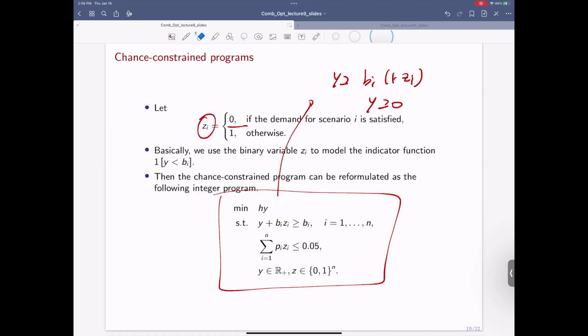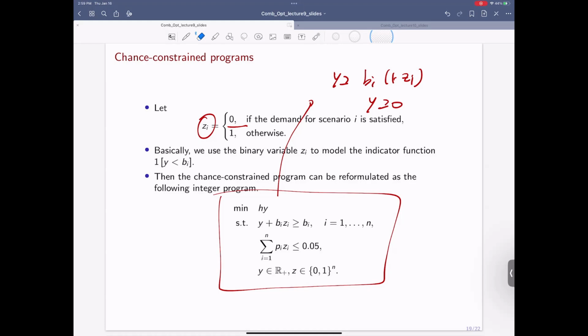This formulation has been known for a long time, and what people have noticed is that you solve this integer program with a branch and bound framework using software, but when these values bi are large, it takes a long time to solve.